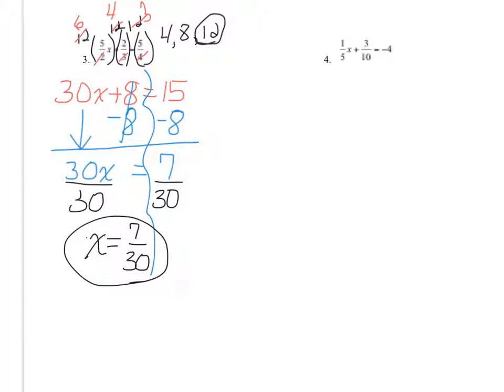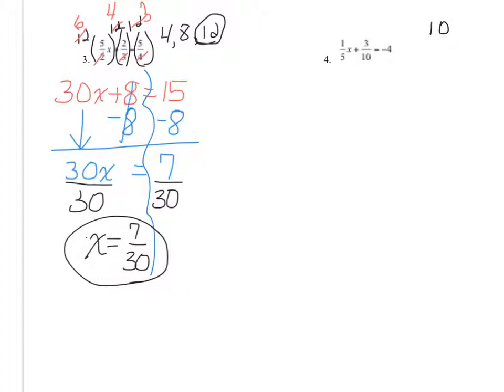All right, moving on to number 4. Our denominators are 5 and 10. If you don't know what the lowest common denominator is between 5 and 10, you take your biggest denominator right here, 10, and you start listing your multiples of 10. So you start with 10.